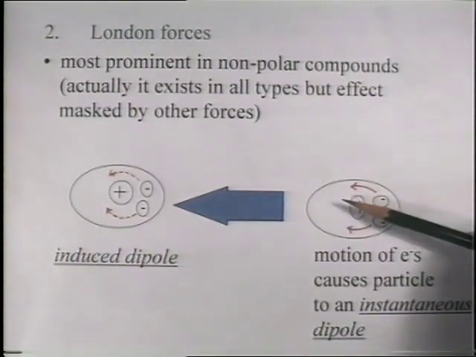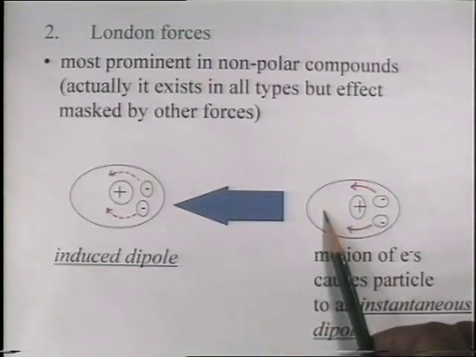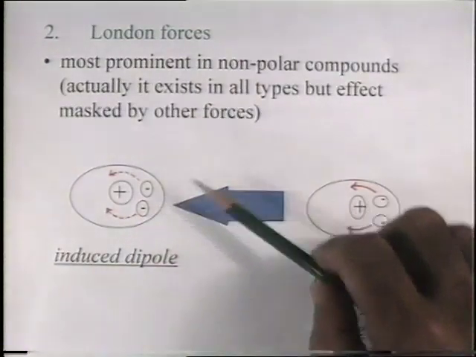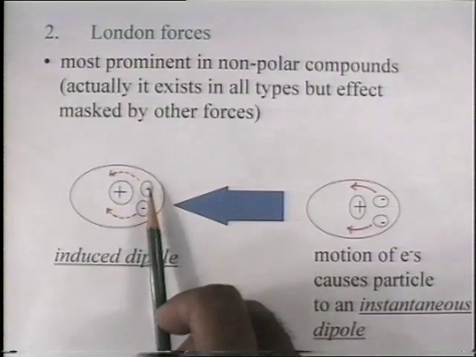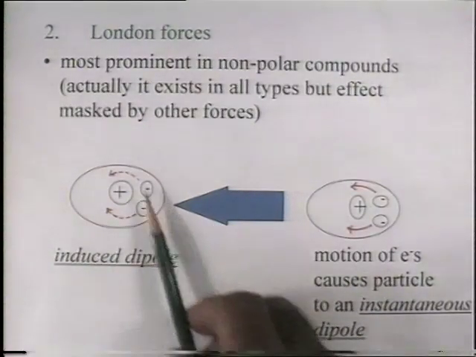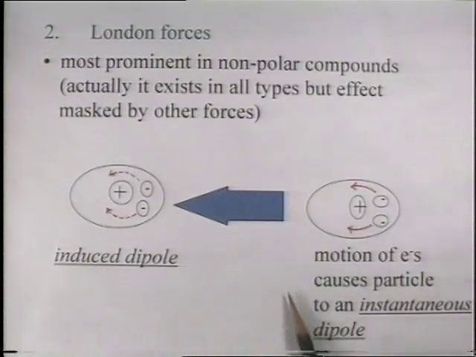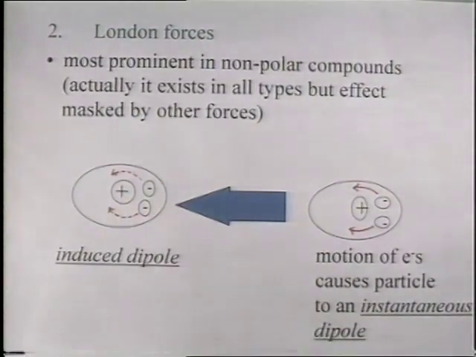Then as this atom approaches the other one, with the electrons on this end and here on this end, it will create repulsion. And so the electrons will tend to move over to the other side. And that is what is termed induced dipole. So here we have a situation where we have instantaneous dipole and induced dipole.